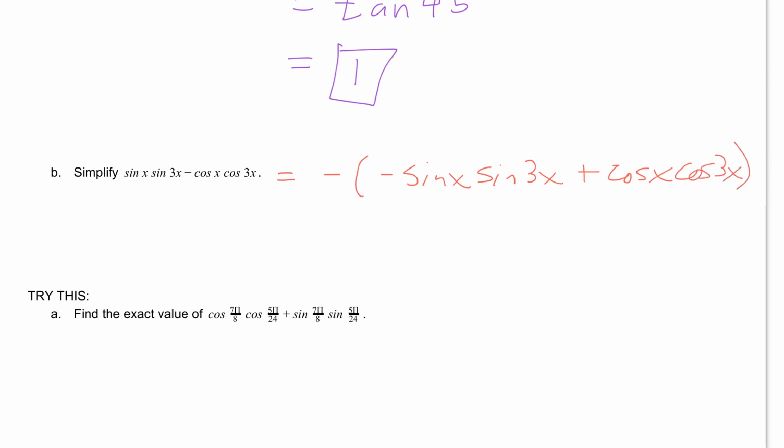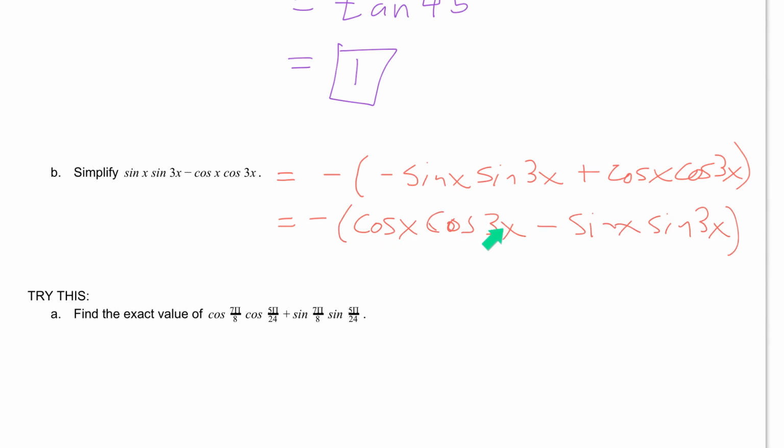And then what I can do is rearrange so that it looks like the formulas on the top. Notice the formulas on the top, both of those cosine ones start with the cosine first. So since I'm adding, I can add in any direction or in any order. And I can rewrite this as cosine x cosine 3x. My sines are negative, so minus sine x sine 3x.